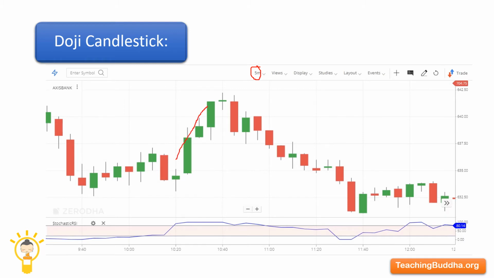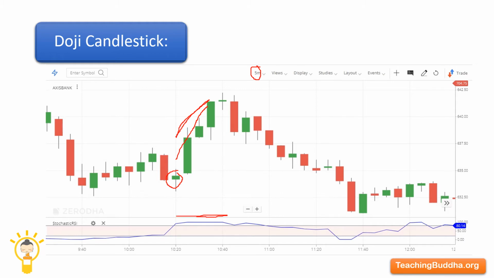Here also, as you can see, there is a spinning top right next to the big bearish candle. Of course, this is not a very good signal, but it also indicates some possibility of upper trend. But if you see, there is an upper trend like this, and the trend is in overbought zone.